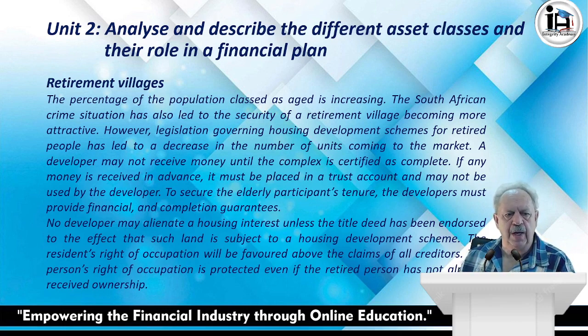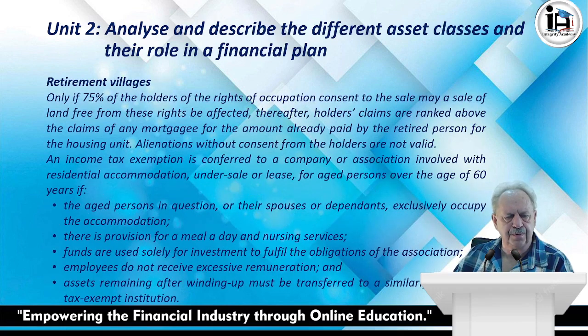No developer may alienate a housing interest unless the title deed has been endorsed to the effect that such land is subject to a housing development scheme. The resident's right of occupation will be favored above the claims of all the creditors. The person's right of occupation is protected even if the retired person has not already received ownership.